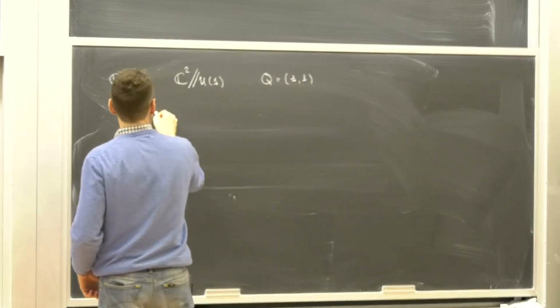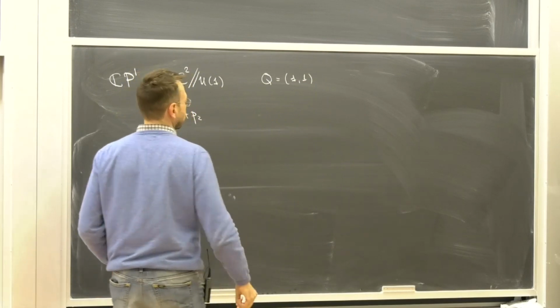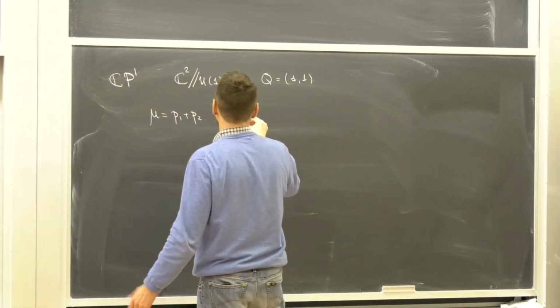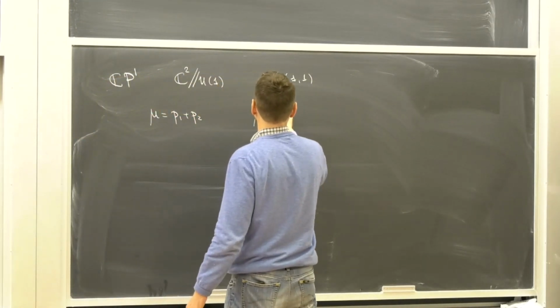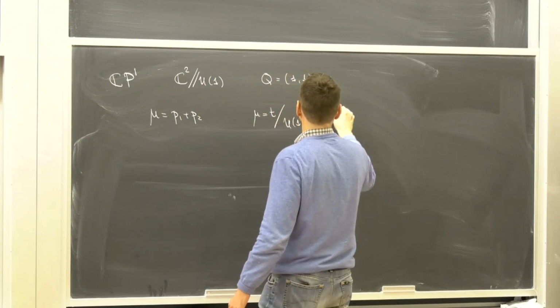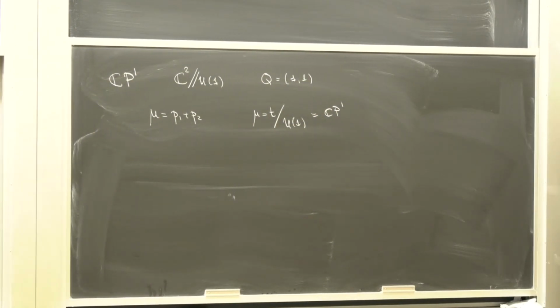So my mu would be P1 plus P2, right? And if I look at the moment maps, then I would say that mu over T, and I quotient by U1, and I get CP1. Now if I stare at this integral, what do I get?